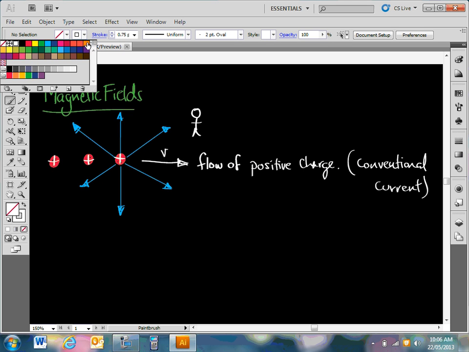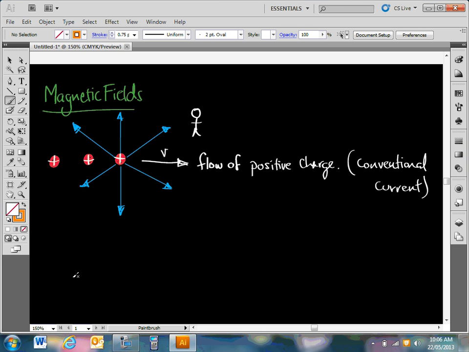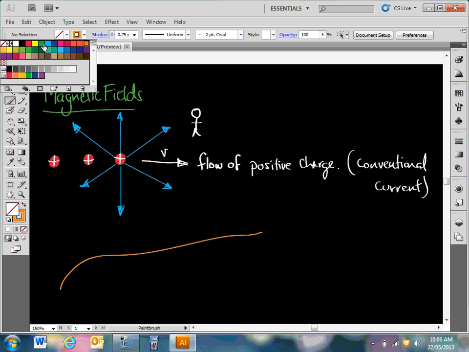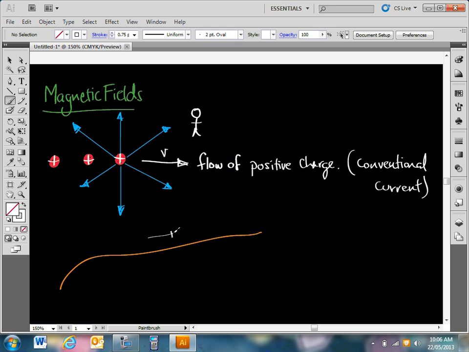Let's have a look at, just so that we understand conventional current. If I have a copper wire and I have electricity moving through it, we call this current I. You know that. What's going on inside?